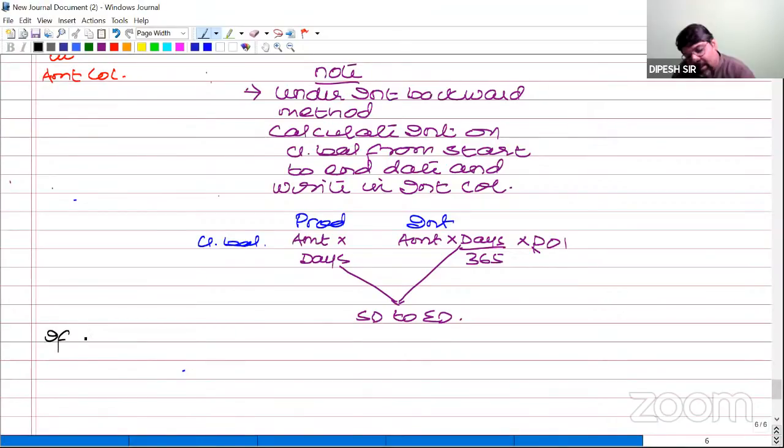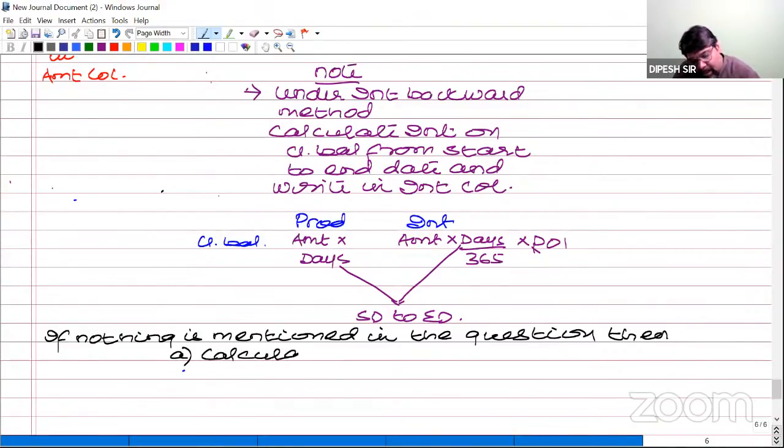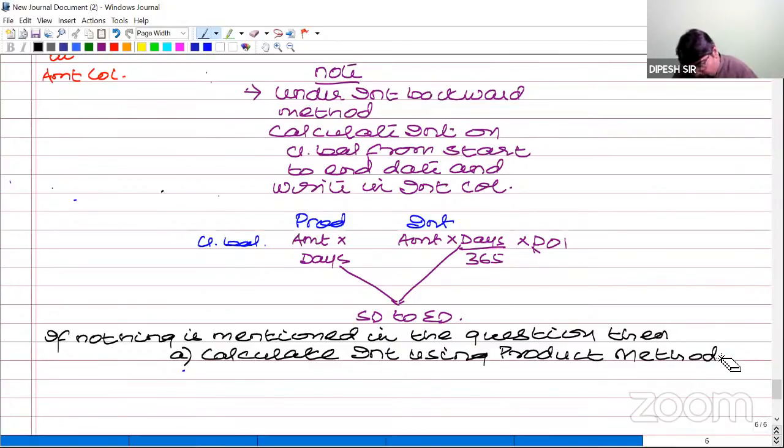Now, another very important question: if nothing is mentioned in the question, then A, calculate interest using the product method, and B, use the forward method.